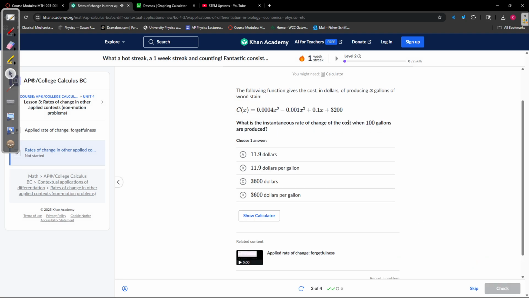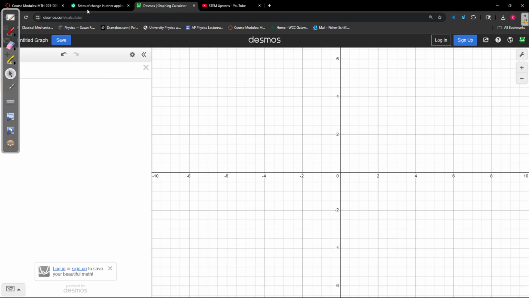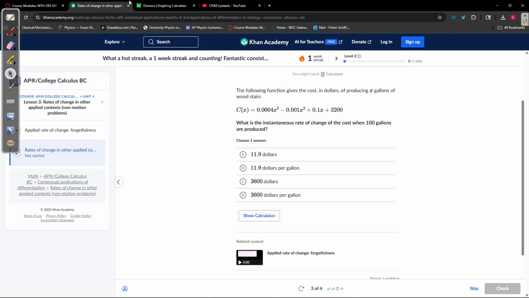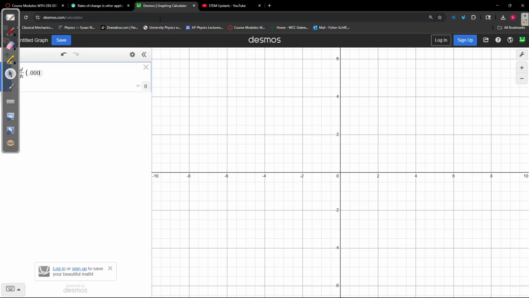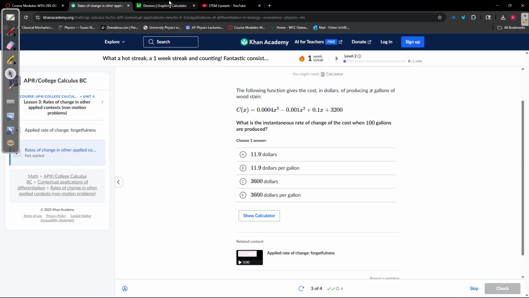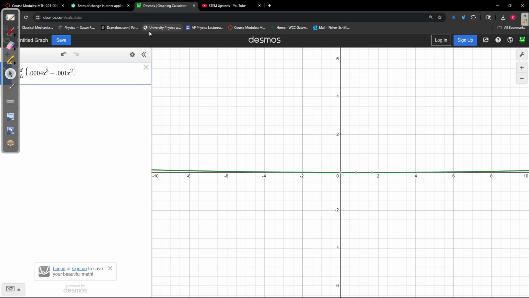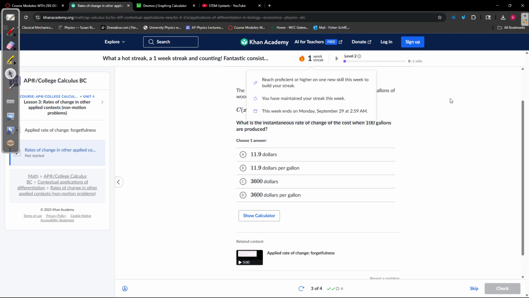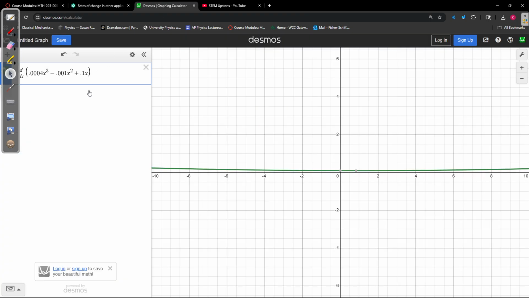Now here we find, well, we can just use a calculator for this, but you can also use the power rule. So let's find d over dx, because it's asking for the instantaneous rate of change of 0.0004 x cubed minus 0.001 x squared plus 0.1 x, and then we can ignore the 3200 because we know it's a constant, it's going to go to 0.